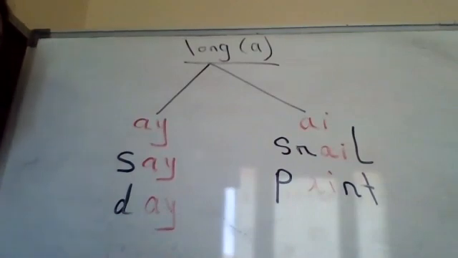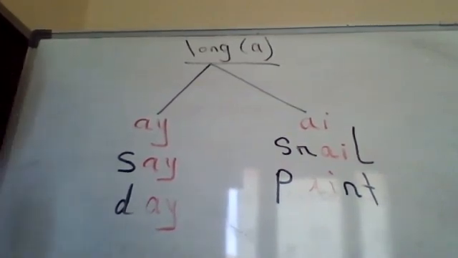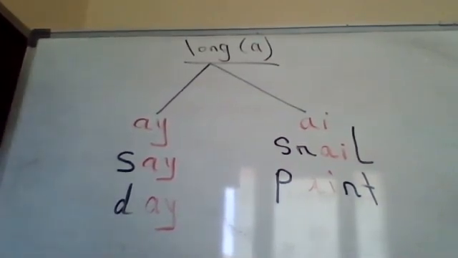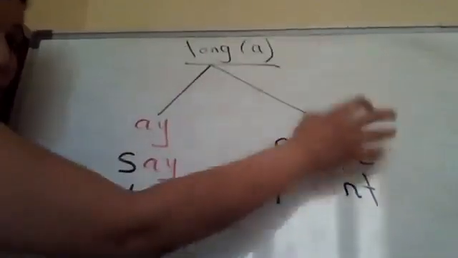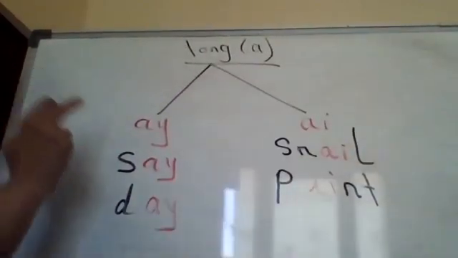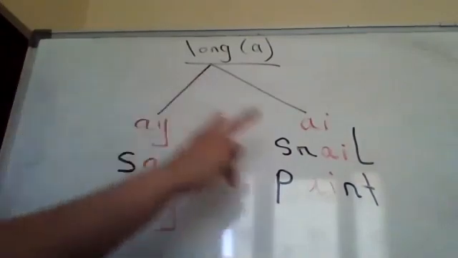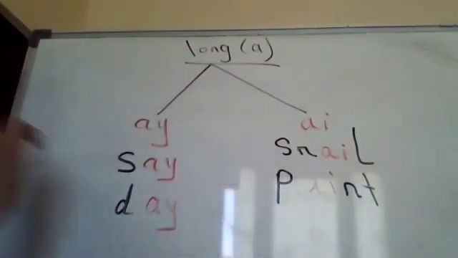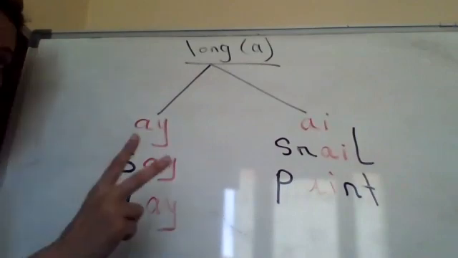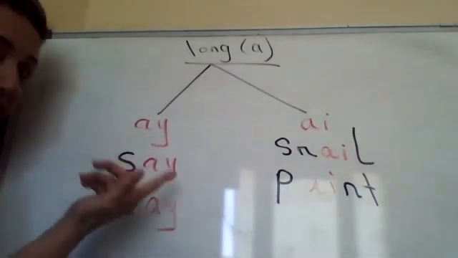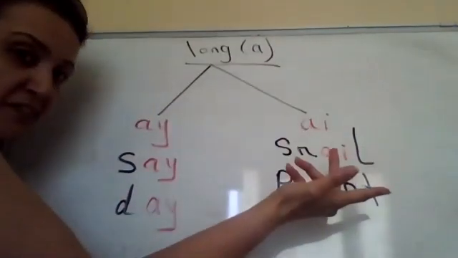This doesn't mean that I want you to memorize all the words in the English language. No, I want you only to memorize the words which we have on page 112. Only these words. Which words have A-Y? Which words have A-I? Both of them have the same pronunciation, but which word has A-I, and which word has A-Y?